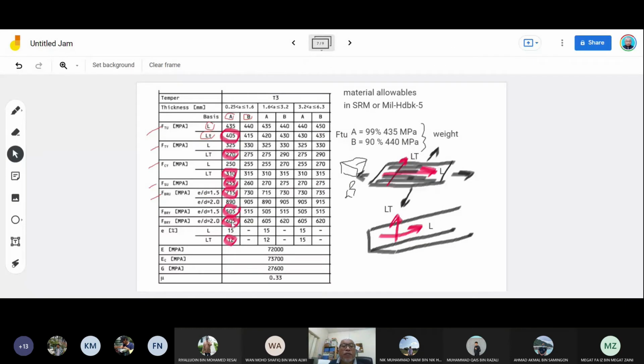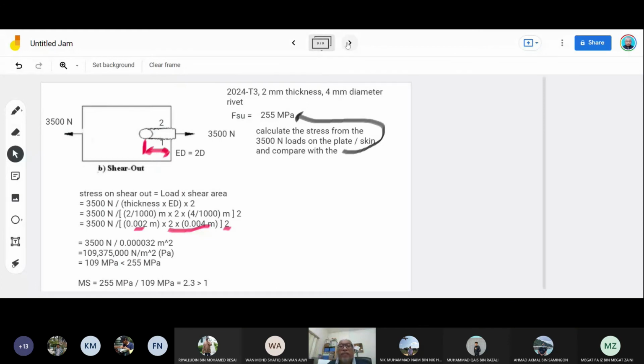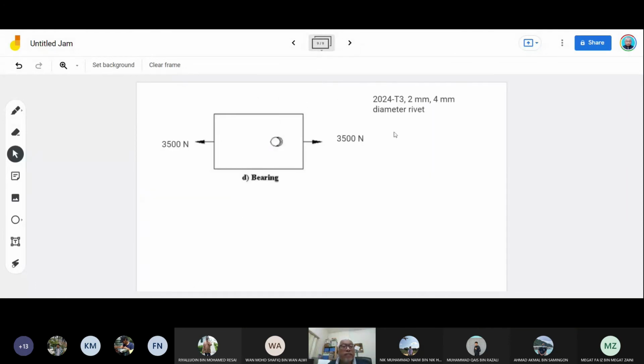With edge distance of 2.0D, we use 605. So FBRY is 605 megapascal.